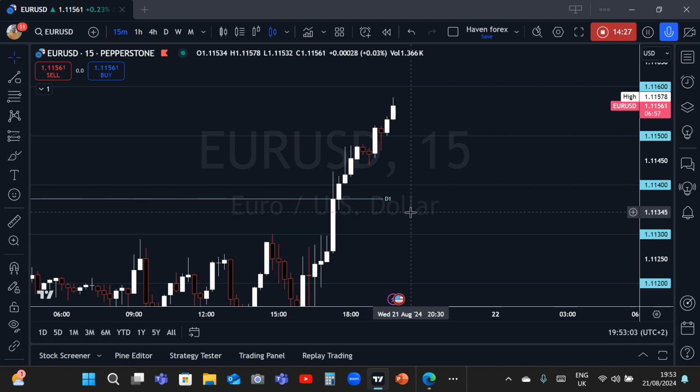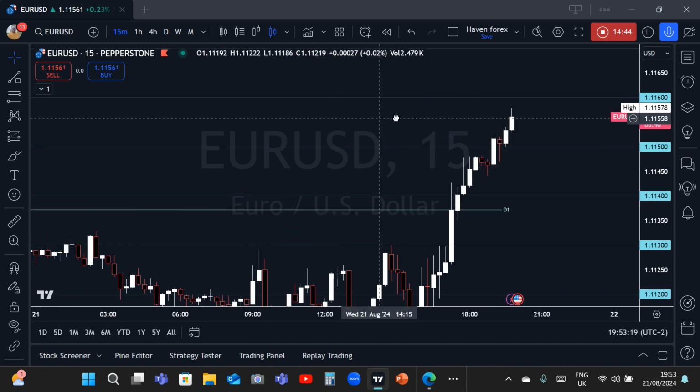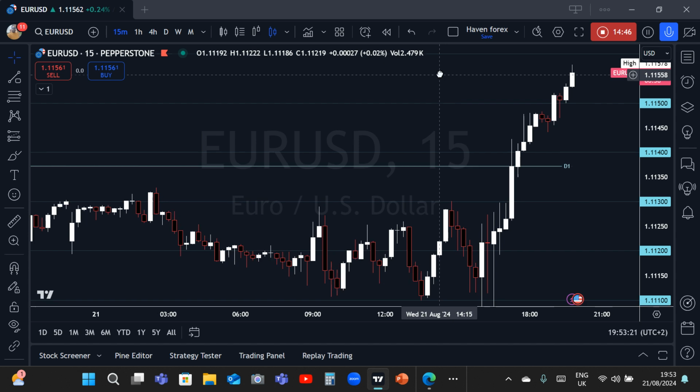So when the price moves in the opposite direction of the RSI, that signals a potential reversal. That is what we call divergence, guys. It's very, very easy to understand.